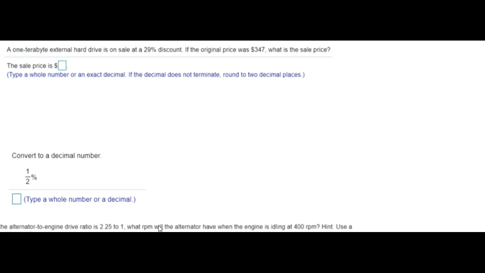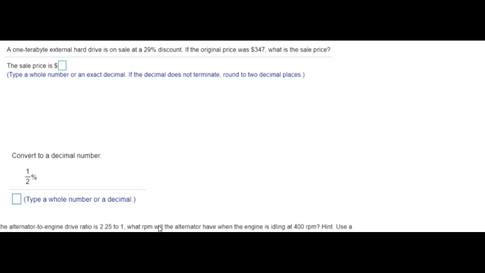For the next question, it says that a 1 terabyte external hard drive is on sale at a 29% discount. If the original price was $347, what is the sale price?